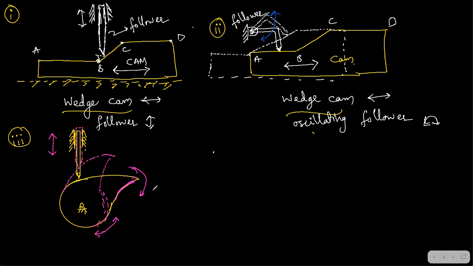Fine. So this is one type of cam and follower system, and we have another type of cam and follower system similar to this. Previous case also we have seen, right? So again, I'll just make a rough sketch.